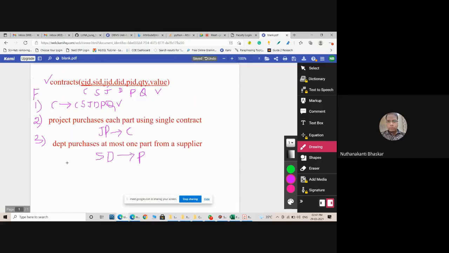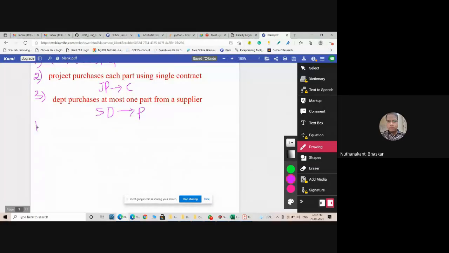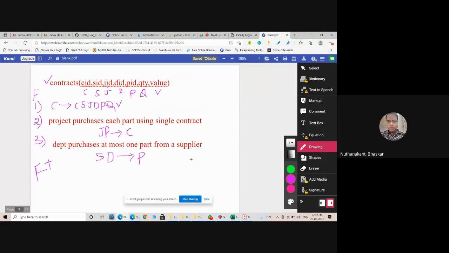Now we are going to find the closure set of functional dependencies, that is F plus. We need to find the closure set of functional dependencies of this F. Whenever we are going to find the closure, first of all you need to find the functional dependencies F from the relation.